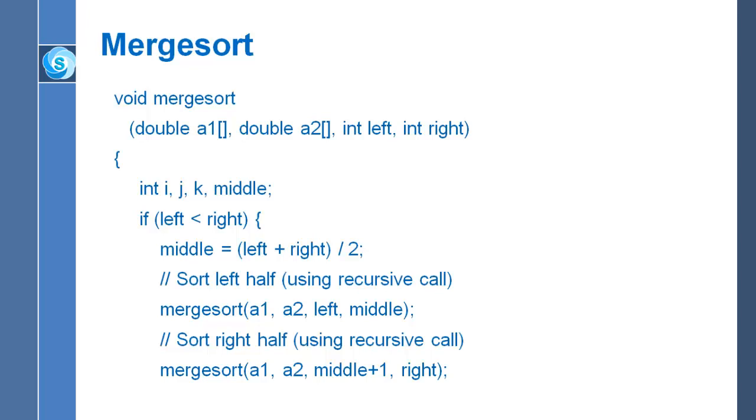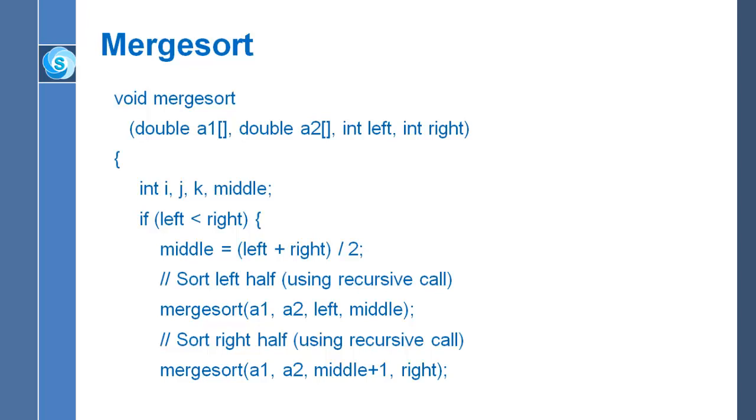Okay, so the function merge sort here has 4 parameters, A1, A2, left, and right. The first 2 parameters are arrays of numbers. They happen to be double precision floating point numbers, but really they could be anything. I could have arrays of ints here if we want. So A1 is the array that we actually want to sort.